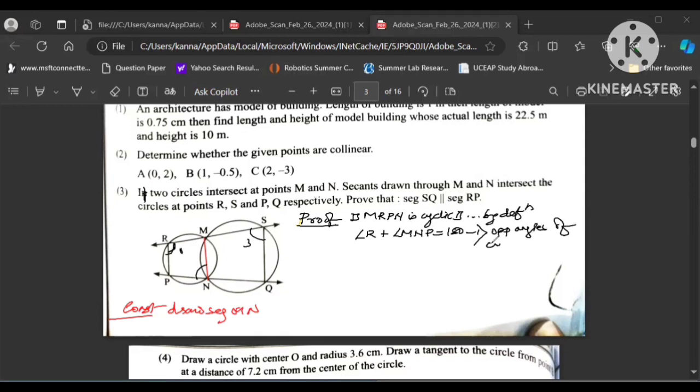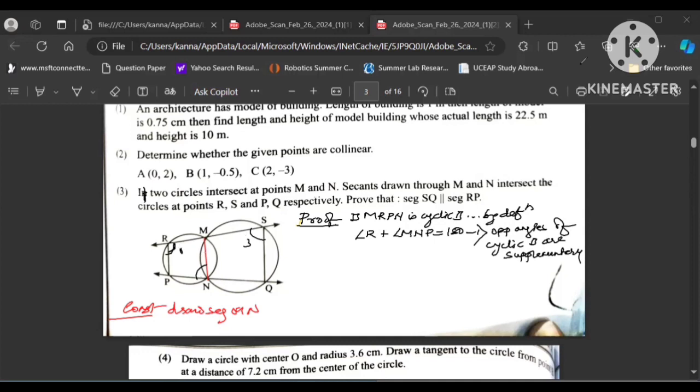Opposite angles of a cyclic quadrilateral are supplementary. Okay, children? Now, when you look at this, children, okay, I got R. I don't want this MN.